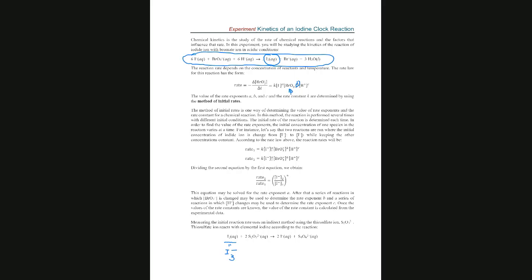We need to know how to calculate the rate in order to get the rate law. Because when we divide, if we are going to use this to calculate A, we need rate 2 and rate 1. So we are using an indirect method.